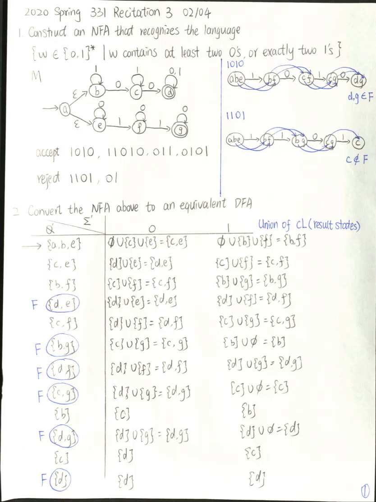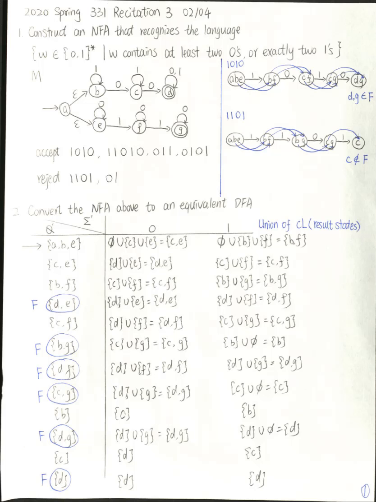The resulting state is just C. And we take the closure of C, which is also C. And C is not a final state. So the machine should reject this string. Following the same procedure, you can check the other strings and see if they are accepted or rejected.